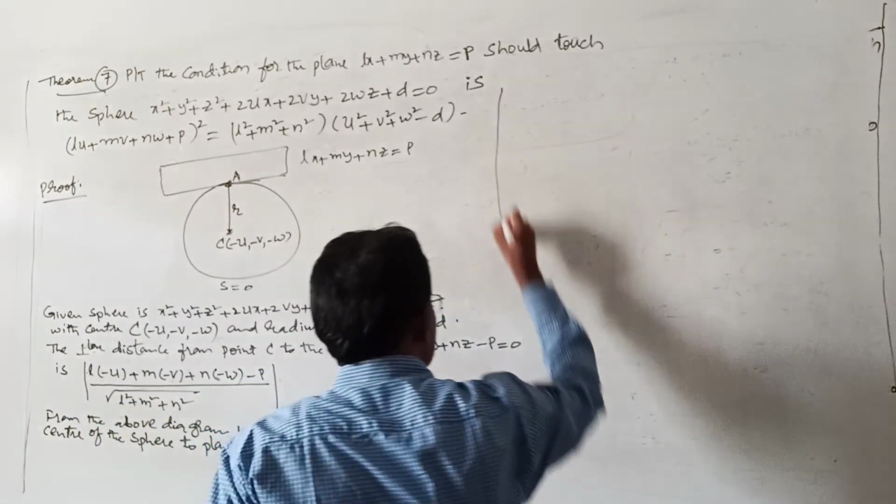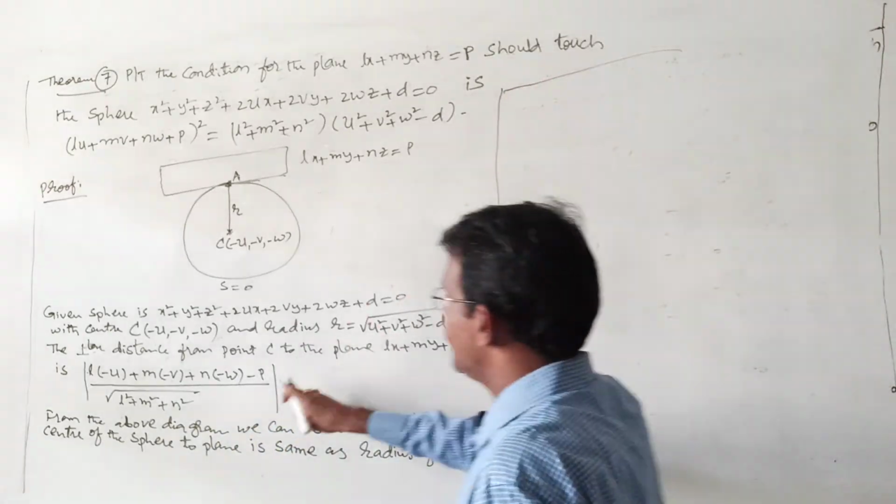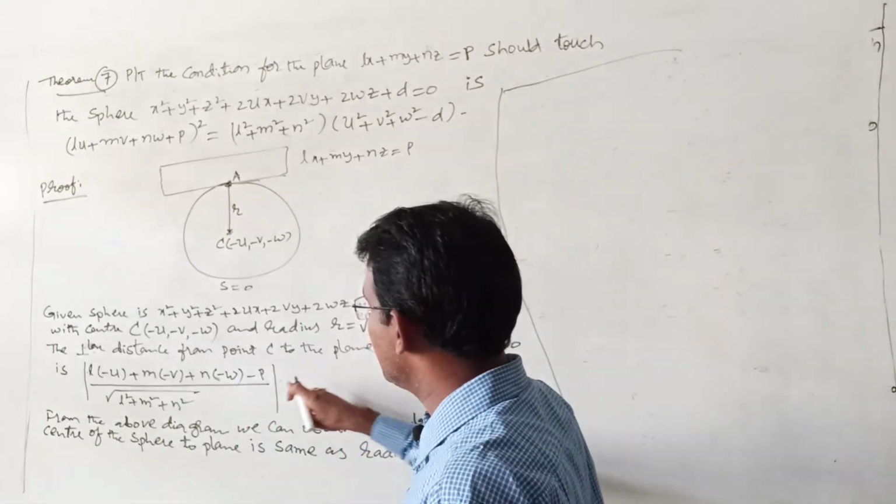Here we got the perpendicular distance and here we got the radius of the sphere. Equate them.